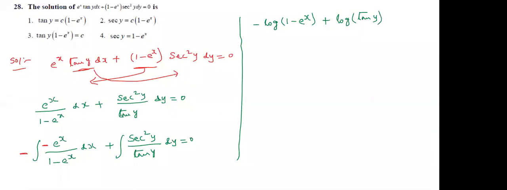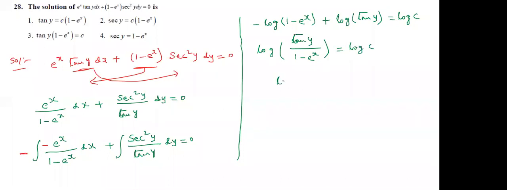Then students, right hand side, what I want to write, tell me. That is log c only, because left hand side log terms are there. In the left hand side, log a minus log b, what is the formula? Log a by b. A means tan y, b means 1 minus e power x, that is equal to log c.